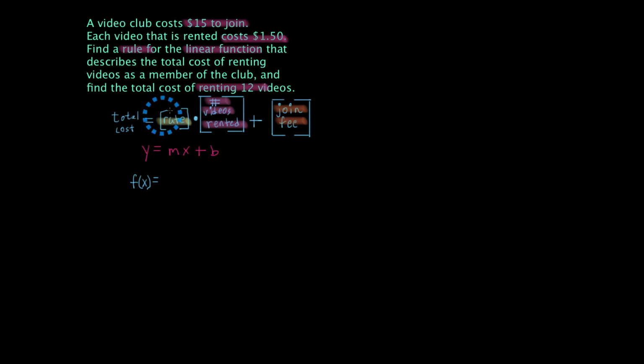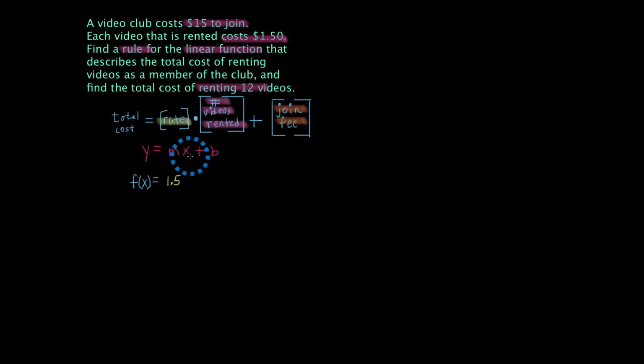That's equal to the rate, so I'm going to change colors. The rate in this problem is $1.50 per video rented. So I'm just going to write 1.5 here, 1.5 times the number of videos rented. And right now, to write it as a rule, I'm going to leave x as a variable.